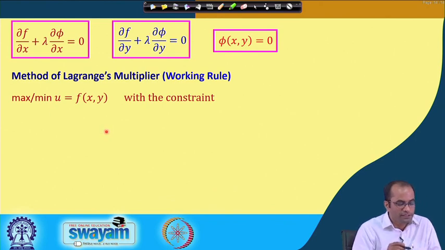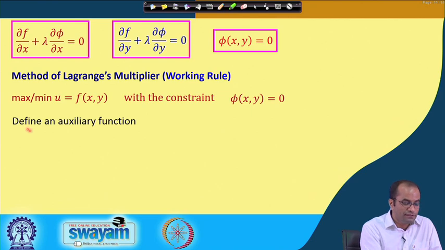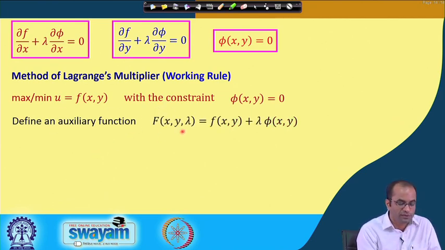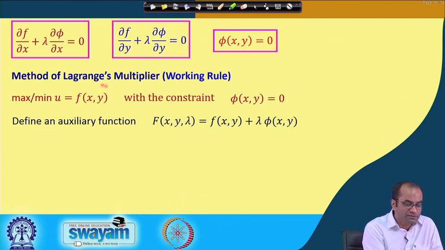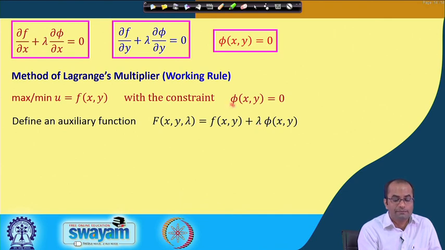We have the problem that we want to minimize or maximize u is equal to f x y under the condition that x y satisfies this relation, and we just define an auxiliary function. So, we define the function F of x y and lambda by introducing this lambda here. We take this function f x y which we want to minimize or maximize, plus this lambda and this constraint, phi x y. So, we need to define such an auxiliary function.